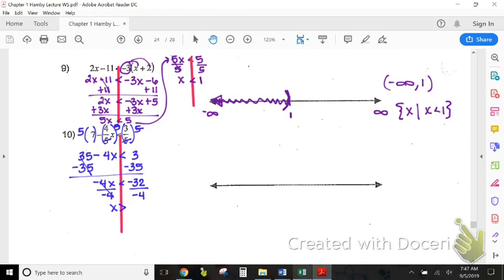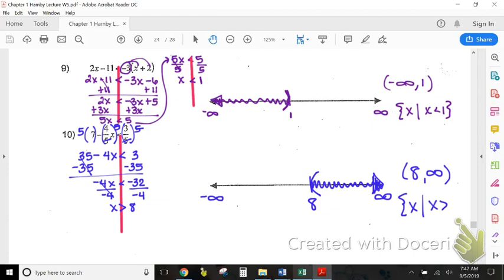What's 32 divided by 4? There you go. So negative infinity to infinity. We have an 8. It's greater than 8, so we're going to shade towards positive infinity. Parenthesis or bracket? So we can see it's 8 to infinity. That's x such that x is greater than 8.